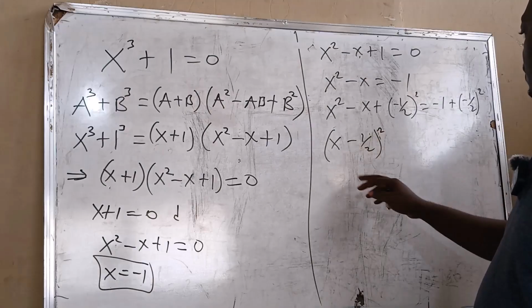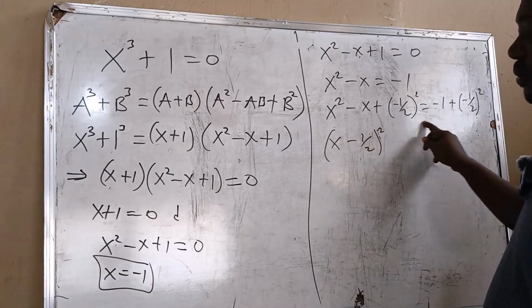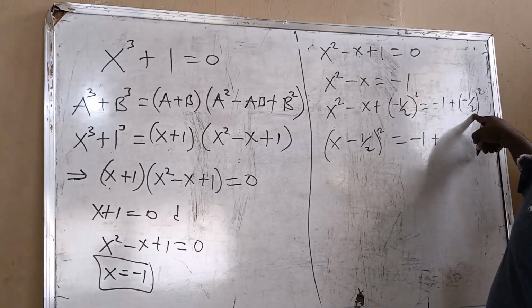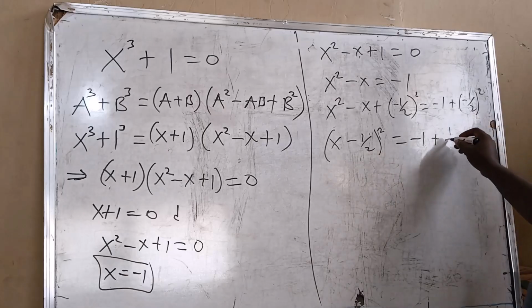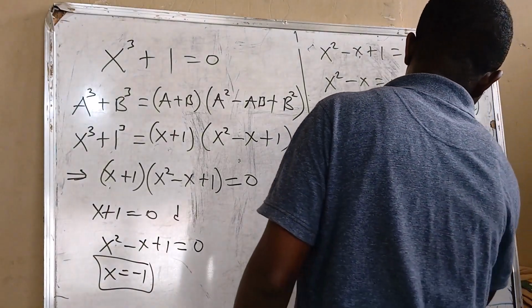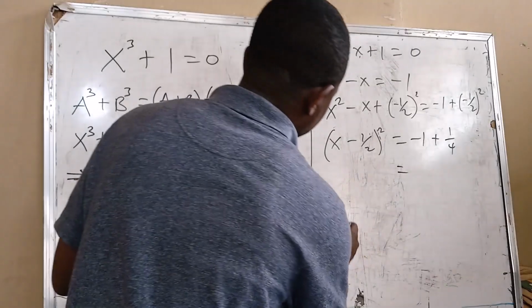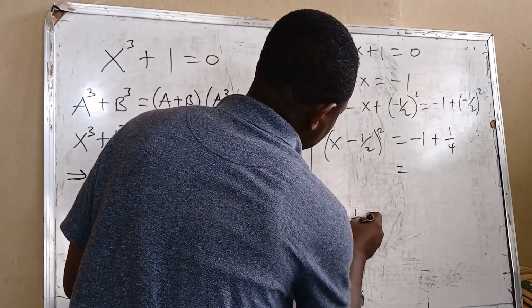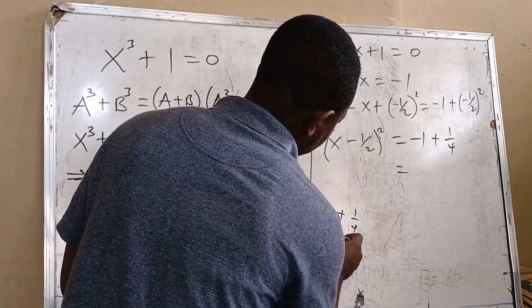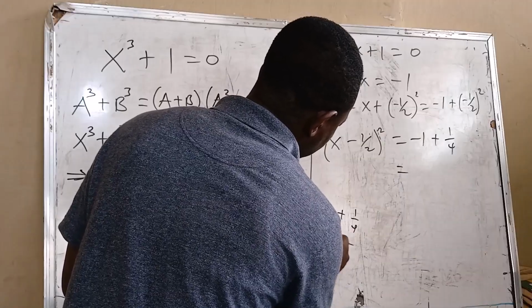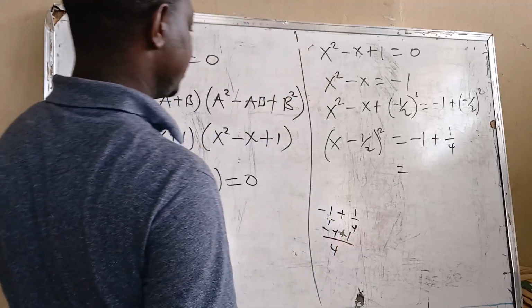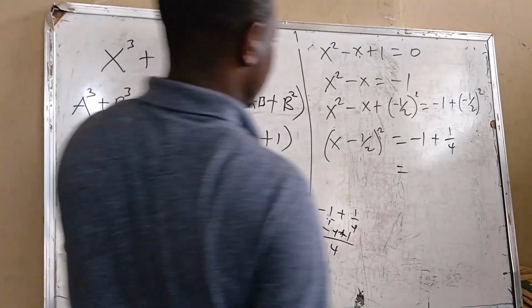Okay, when you expand this, you get this one. And we have -1 plus, so let's square this. That will be 1/4. Okay, so let's simplify this side. So it's -1 plus 1/4. LCM is 4, so -1 becomes -4/4. Okay, -4 plus 1, that is -3 on 4.